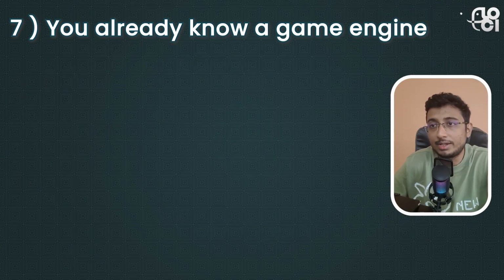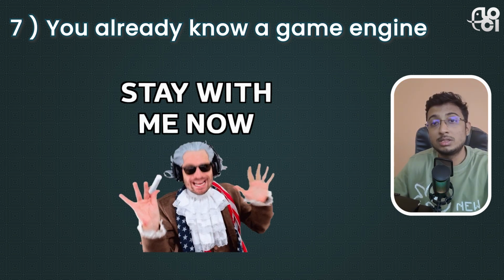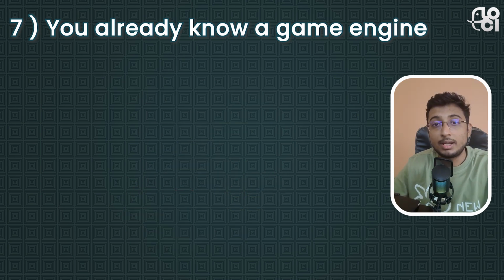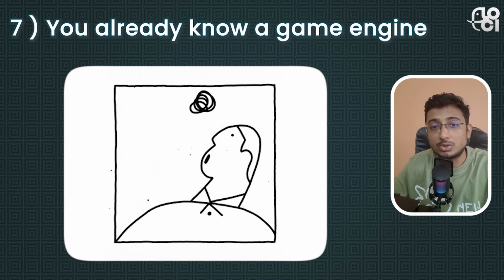Now it comes to the final scenario, which is my personal favorite, which is you already know a game engine. If you already know a game engine, then stay with it until you make a production ready game. The simple fact is, if you jump between engines, then you will never learn all stages of game development. If you have beginner or intermediate skill in any game engine, you should highly consider sticking with it.